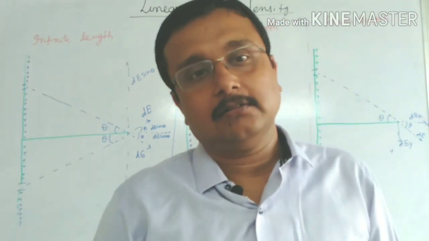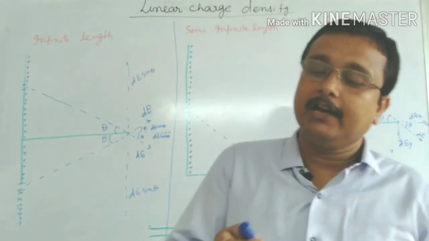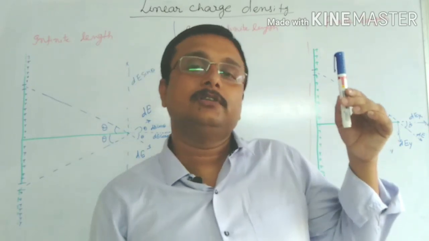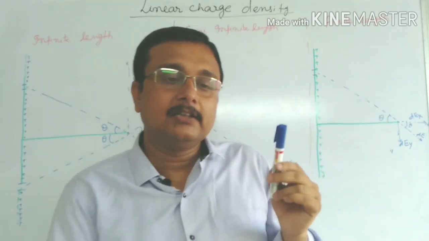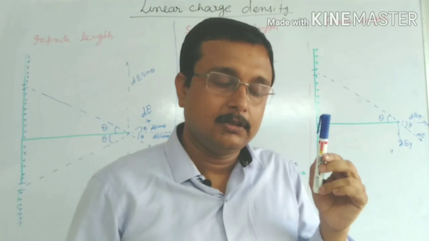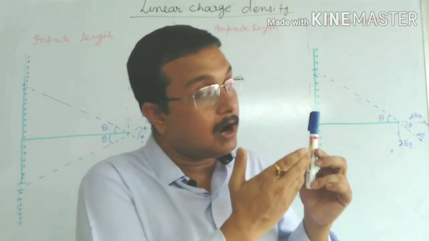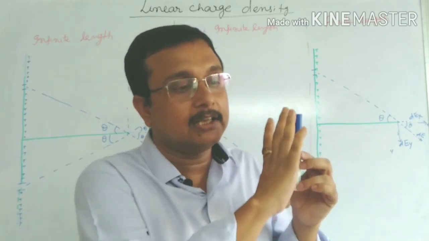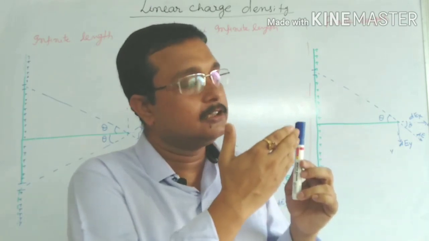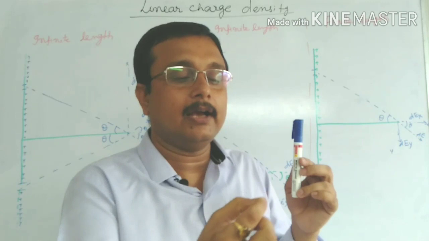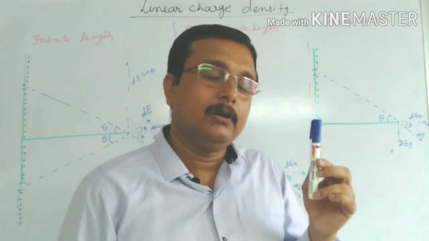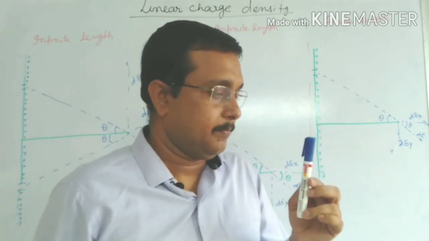So on a line, what are the possibilities? There are three possibilities for the line. One is that the line is of finite length, meaning it has a given length and charge is distributed over it, and you have to find the electric field somewhere.